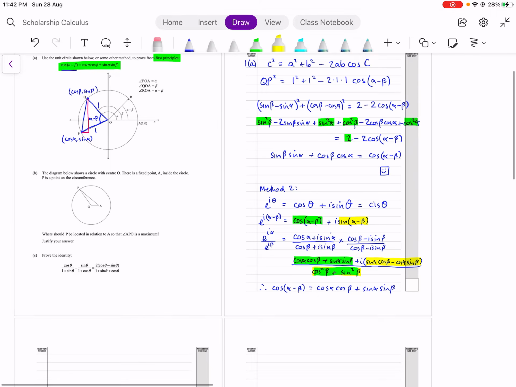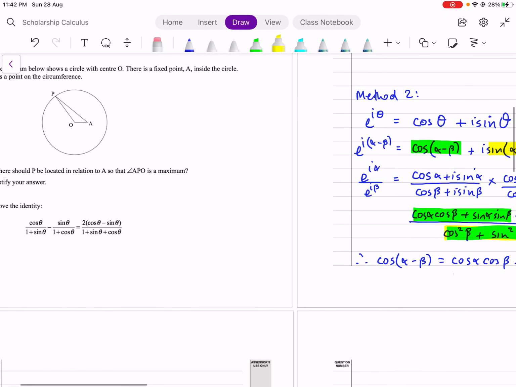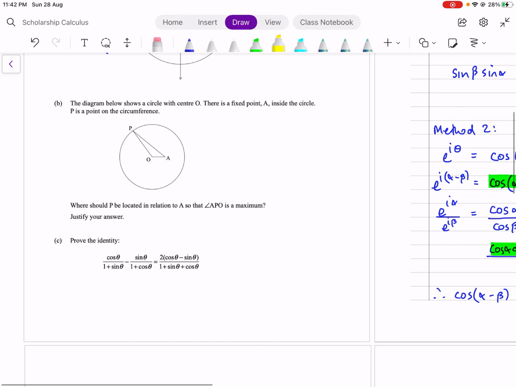Okay, the second question, part B, is an optimization problem. Where should P be located in relation to A so that the angle APO is a maximum? Justify your answer. So if you think about this, you might think about putting P on top of O, and making a triangle like that.